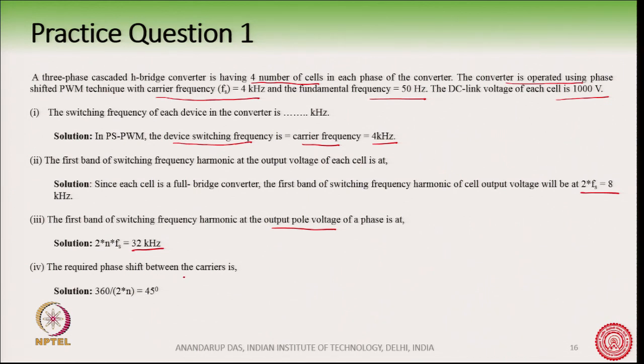The required phase shift between the carriers, which we have also covered in the theory, is 360 divided by 2n, that is 360 divided by 8, which is 45 degrees. So, you observe that the device switching frequency is 4 kilohertz, but in the overall output voltage the first band of switching frequency harmonics is at 32 kilohertz.